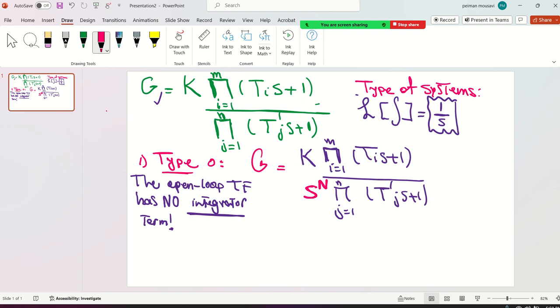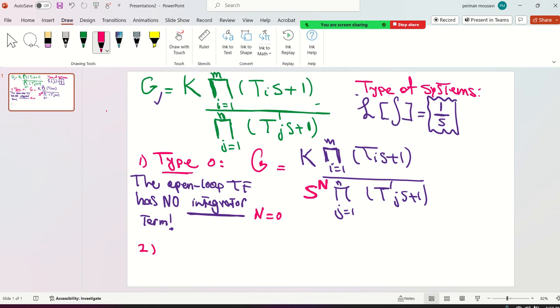When N is 0, S to the power of 0 is 1, so you have no integrator. That's right. So N is 0: type 0 system. Your open loop transfer function has no integrator.